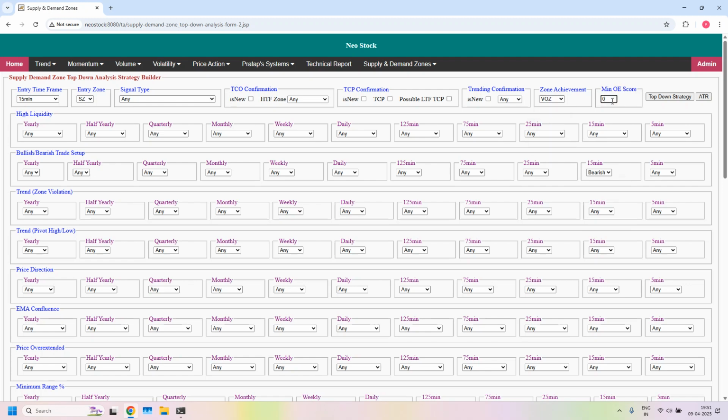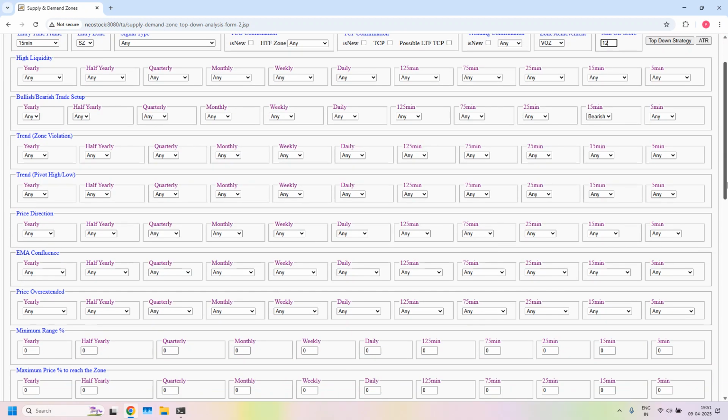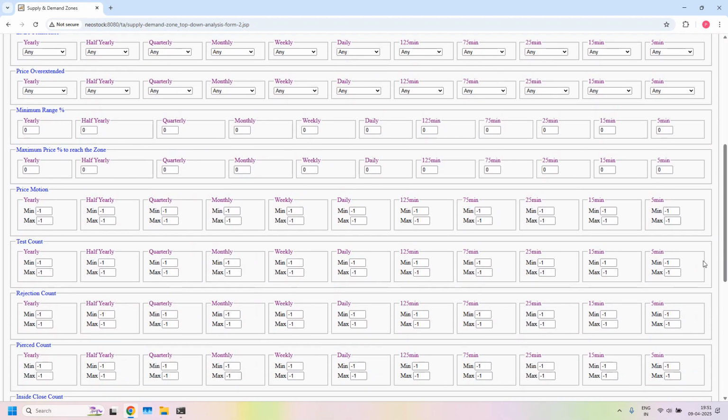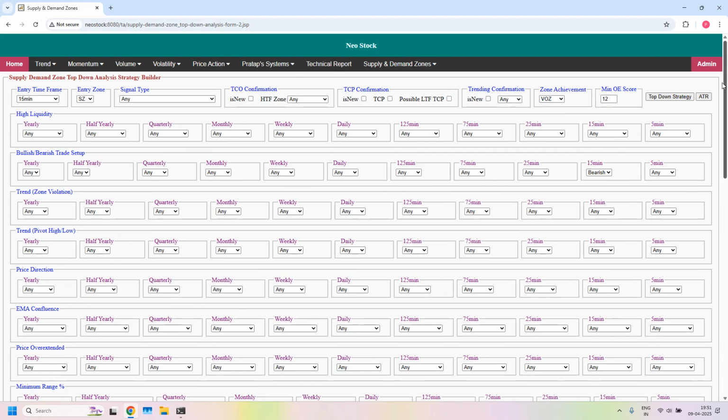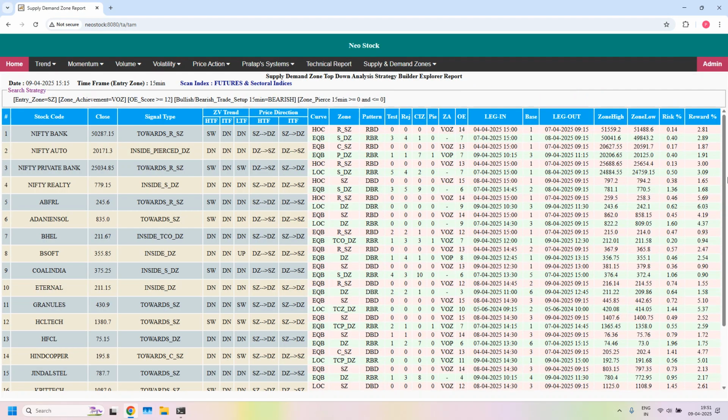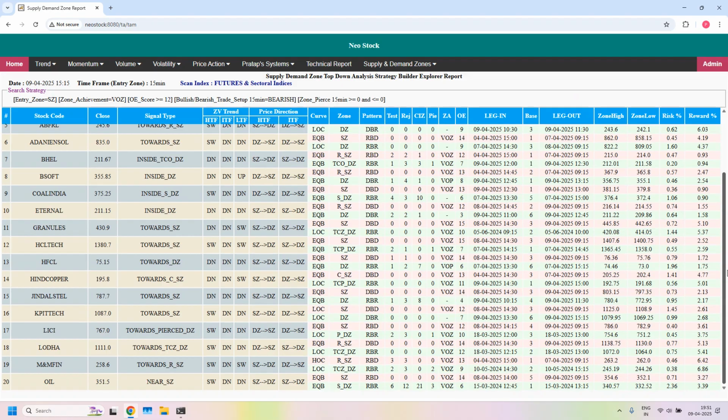Minimum odd enhancer score 12. And also the 15 minute supply zone should not be pierced. So in the pierced count at 15 minutes time frame, minimum value 0, maximum value 0. So with these filters, we got 20 stocks.